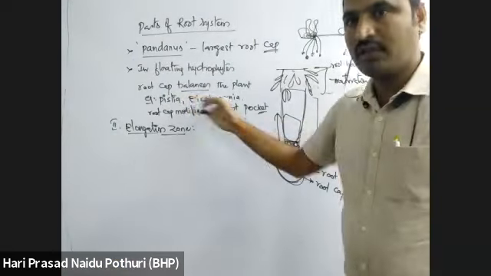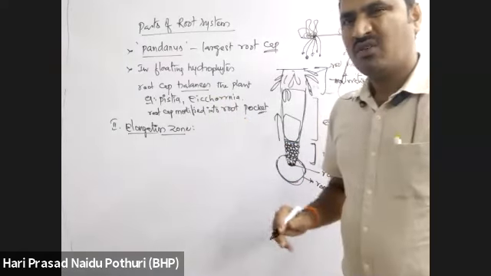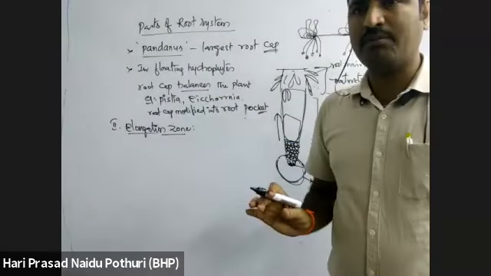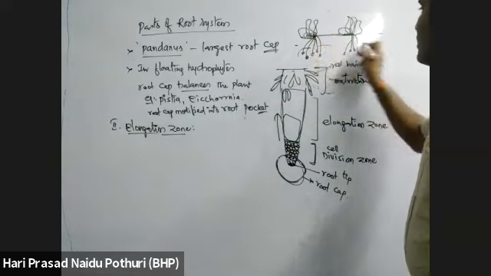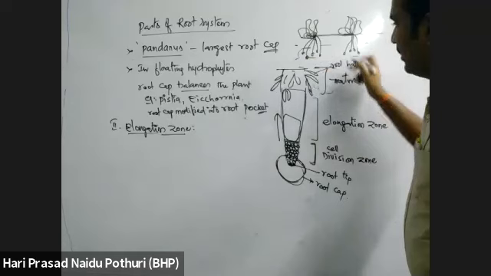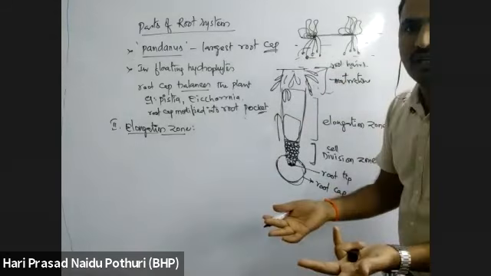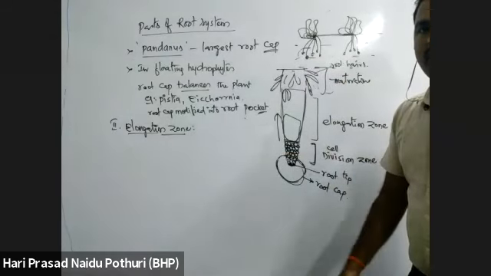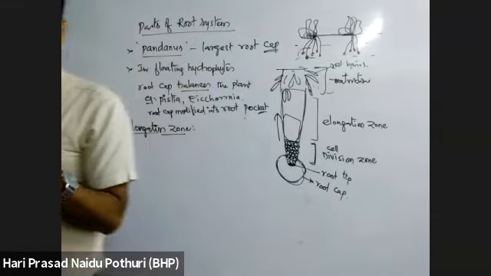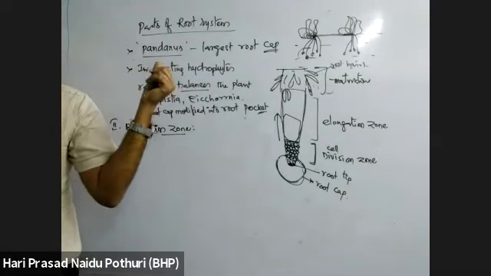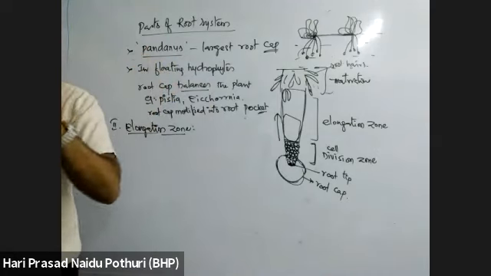Mucilage is not much secreted here, because these are hanging roots in a wet body. Here roots are not penetrating into the soil, so there is no secretion of mucilage. In clayey soil also there is no need of secreting more mucilage, because the soil is already clayey.